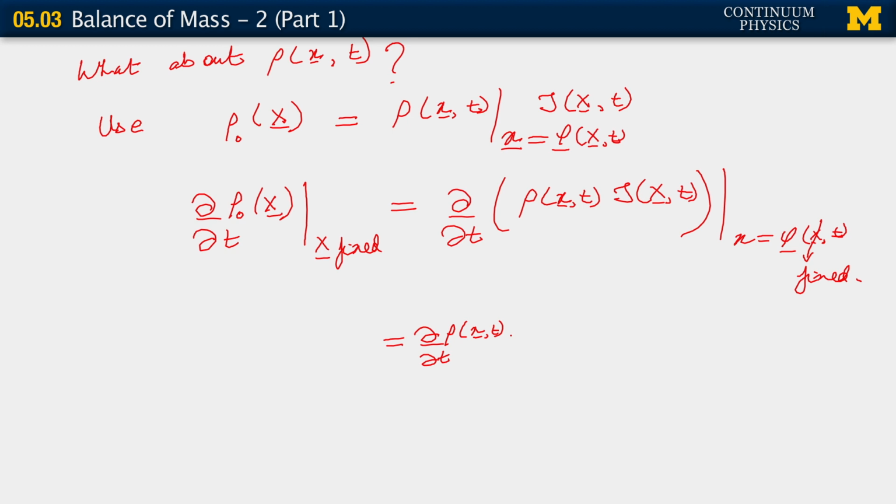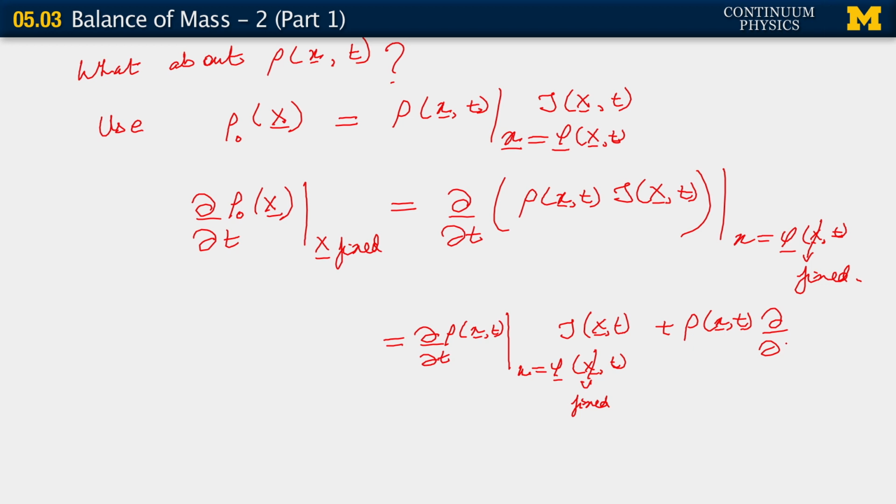It is that total or material time derivative, right? So we have this, but then we need to remember that x is phi of capital X and time, and what we're doing here is holding this quantity fixed. We take that derivative, j comes along for the ride, and we have rho of x comma t.